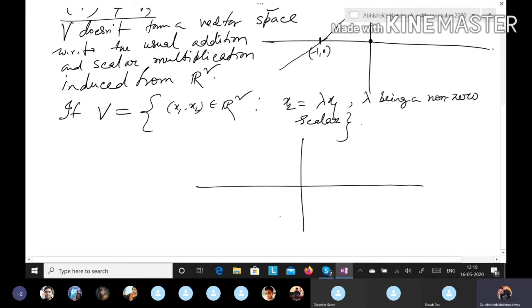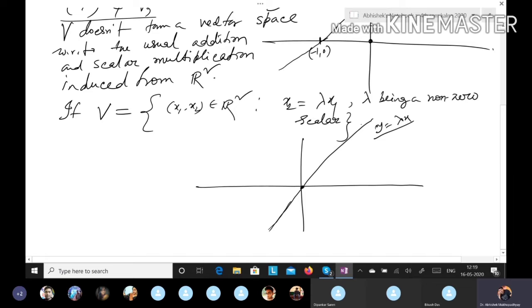Maybe we can draw this line. So this is your y equal to lambda x. And this line is passing through 0 0.